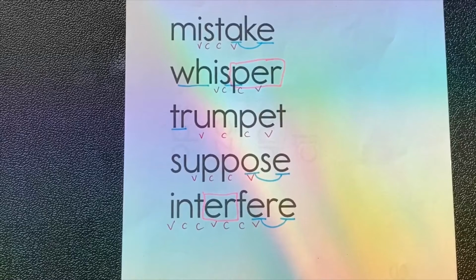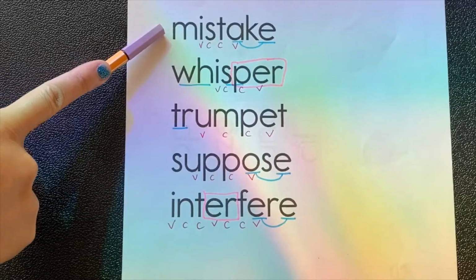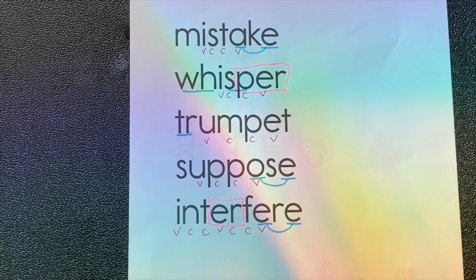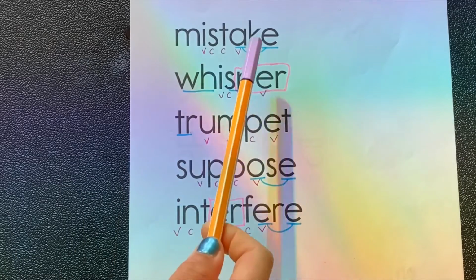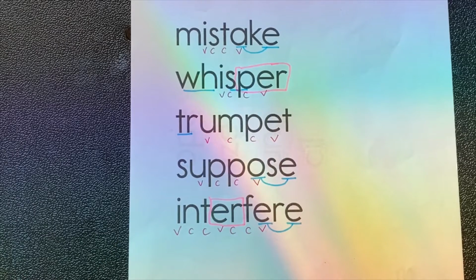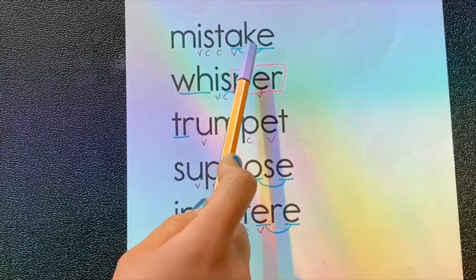All right, my friends, let's go ahead and move on to reading entire words. Alrighty, in our first word here, is there an irregular sight syllable at the end? No, there is not, my friends. So let's go ahead and take a look at the consonants now. How many consonants are in between our two vowels? Great job. There are 2 consonants between our 2 vowels.